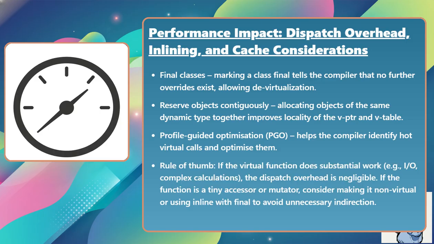Rule of thumb: if the virtual function does substantial work, for example input/output or complex calculations, the dispatch overhead is negligible. If the function is a tiny accessor or mutator, consider making it non-virtual or using inline with final to avoid unnecessary indirection. Benchmark example, pseudo-code.